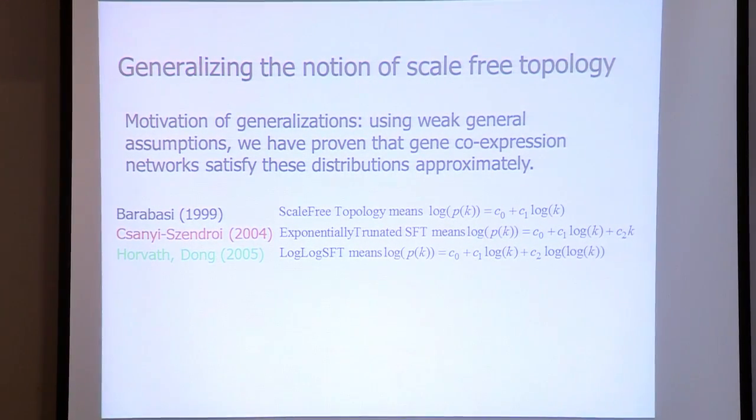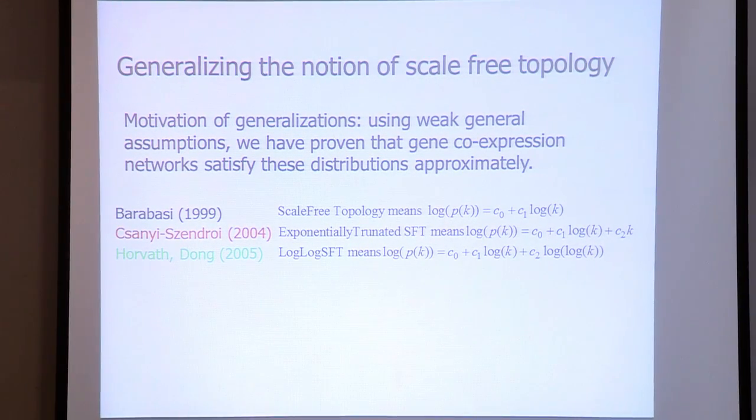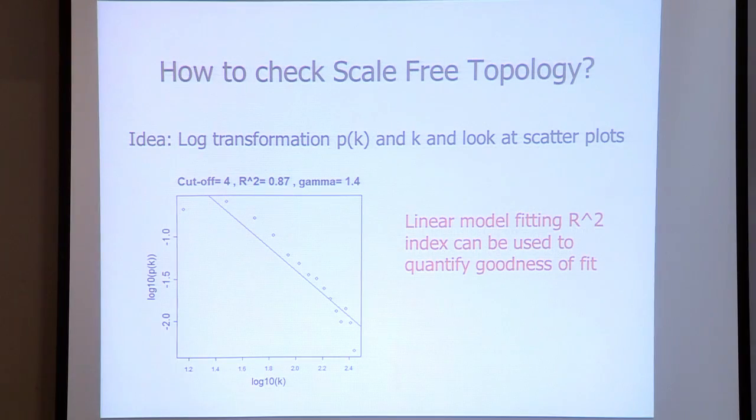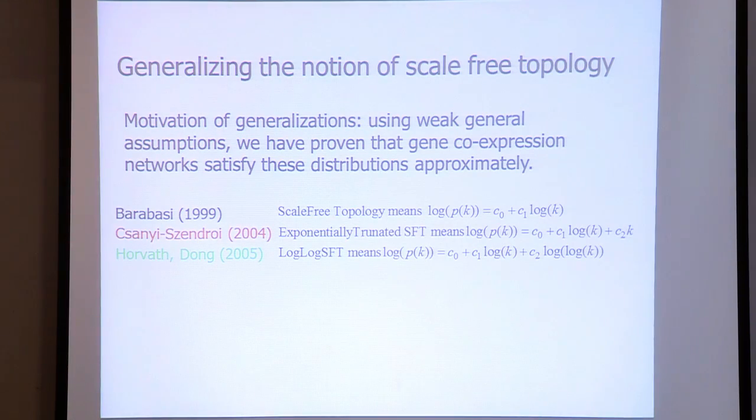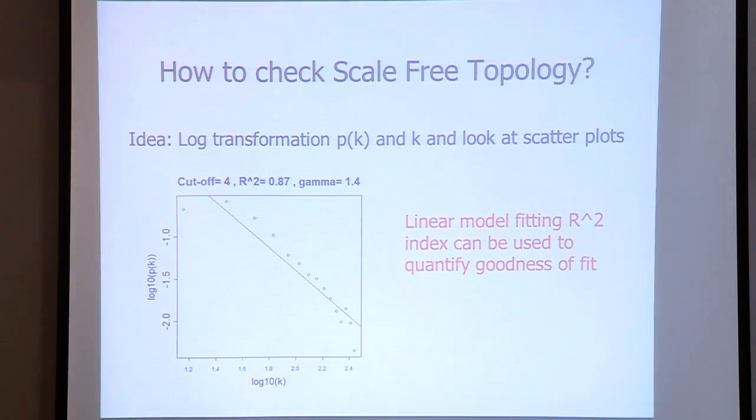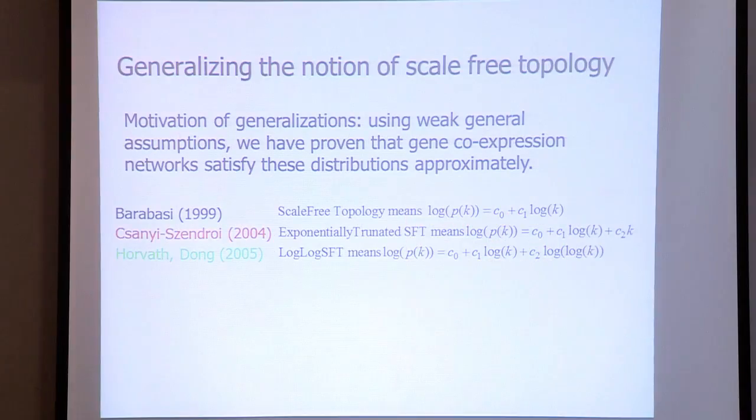As I mentioned, Albert Barabasi and his colleagues explored this, going back a few slides. Dr. Barabasi wrote several papers on properties of scale-free networks. But we use this scale-free topology property, this R square measure, to decide how to choose a threshold, and I'll get to that in a second.